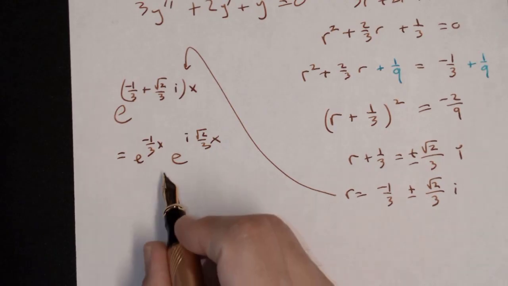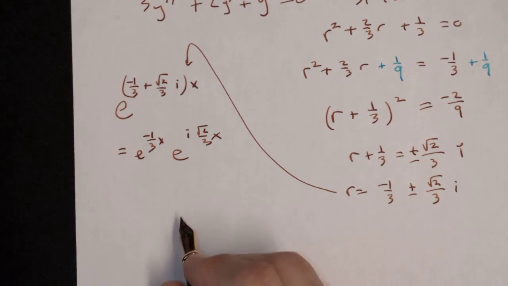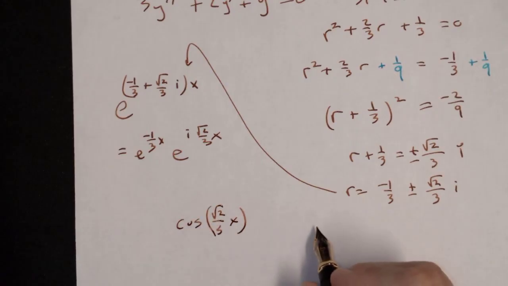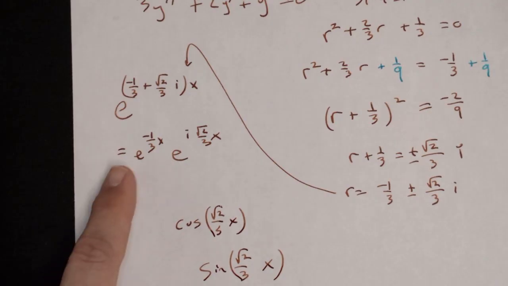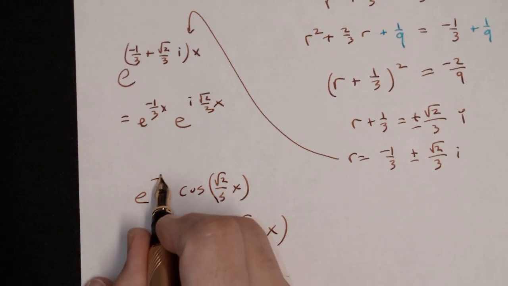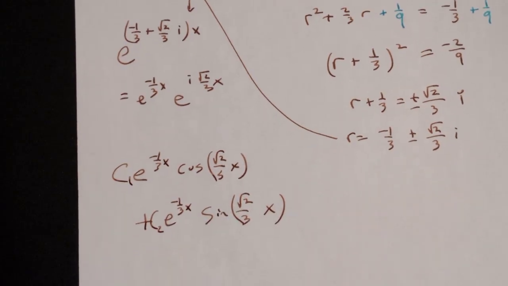So this gives me a cosine of √2 over 3x, and it gives me a sine of √2 over 3x. But those also have this part with it. And there's my solution.